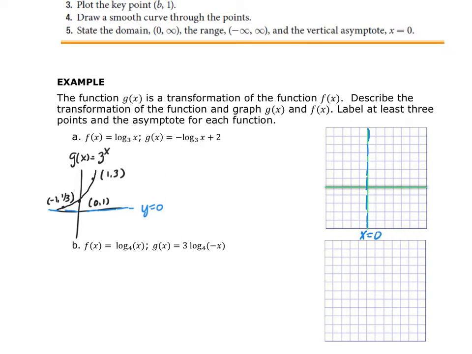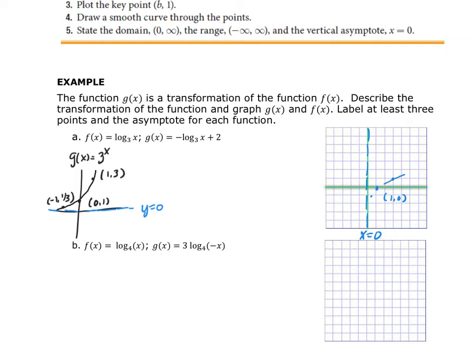And if my exponential would have gone through the point 0, 1, my log would go through the point 1, 0. If my exponential would have gone through 1, 3, then my log would go through 3, 1. And if my exponential would have gone through negative 1, 1/3, then it's going to go through 1/3, negative 1.